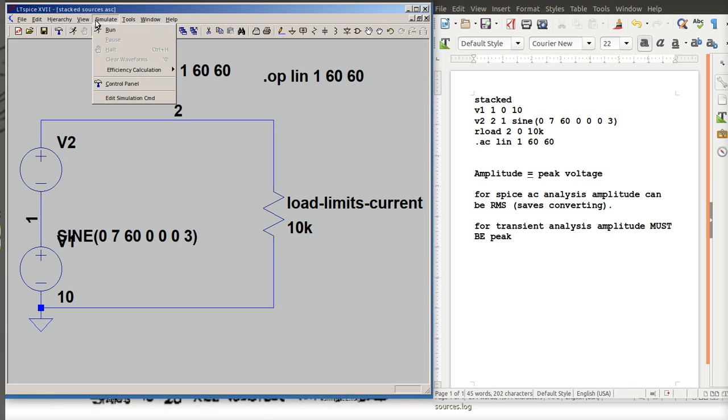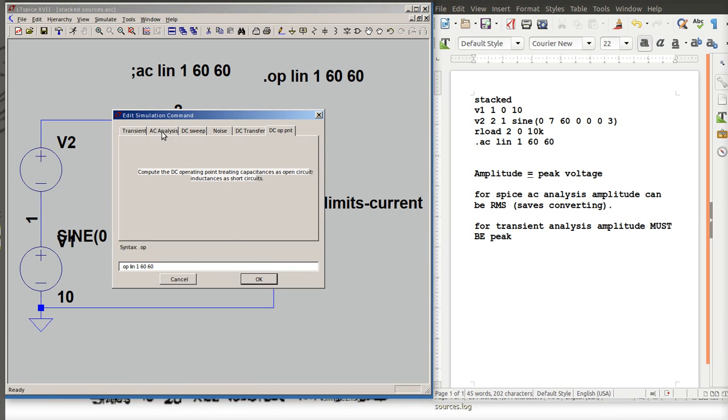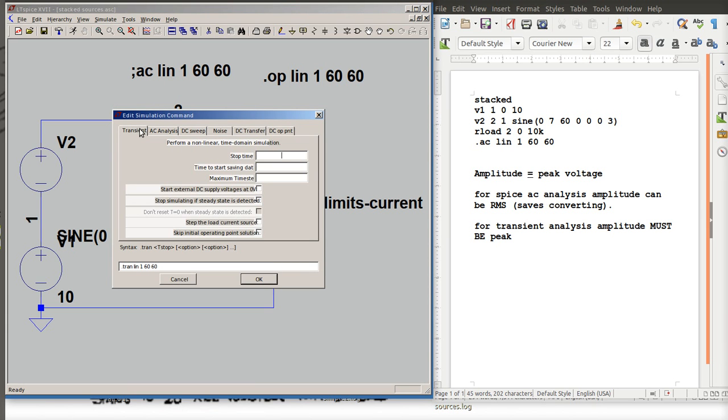Now we want to set up transient analysis. Transient analysis is pretty easy to set up. It asks for a stop time, which based on a 60 hertz cycle, which is 17 milliseconds, and we want 3 of them, 3 times 17 is 51 milliseconds, or 0.051 seconds. Our time to start saving data can be 0, which is immediate, and our maximum time per step.